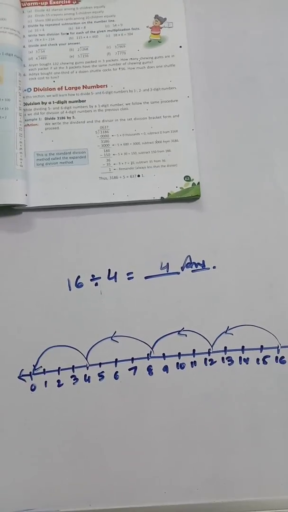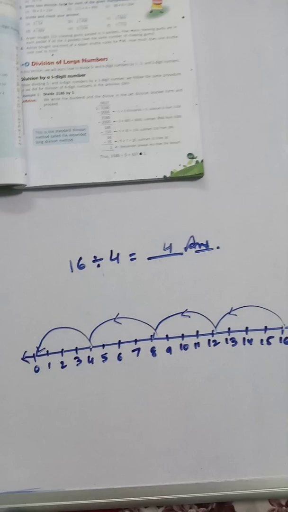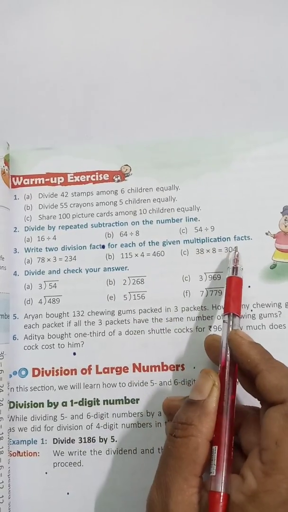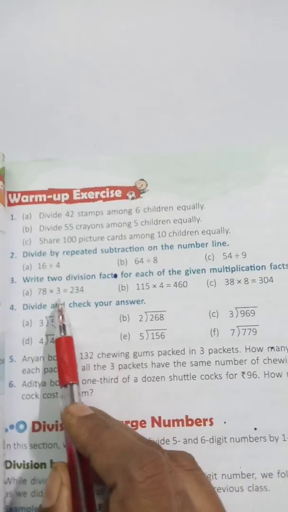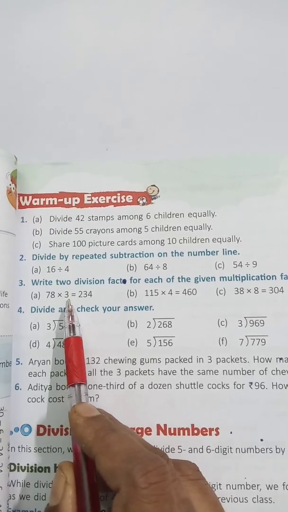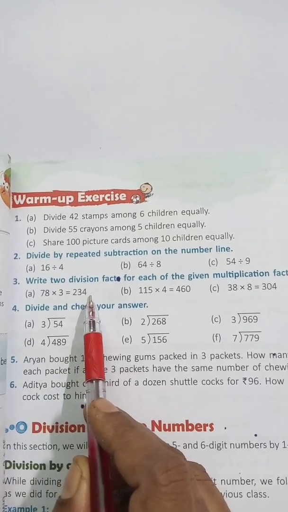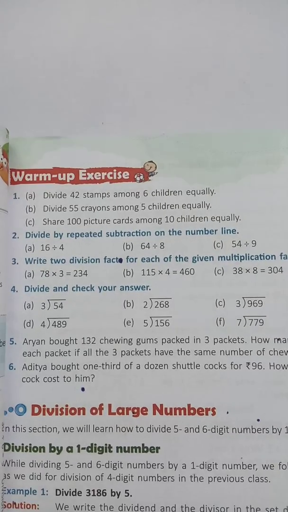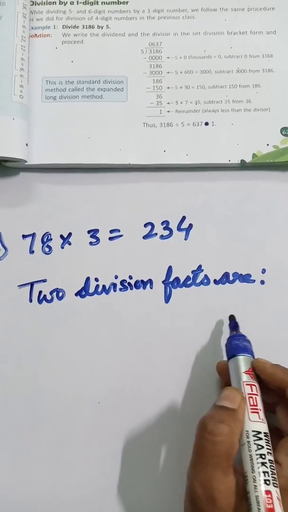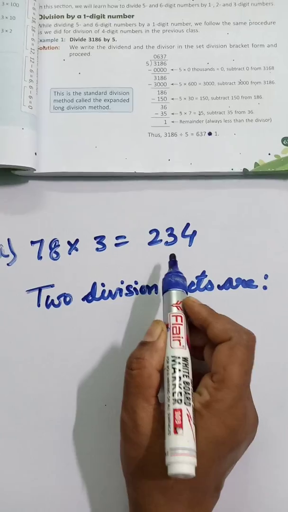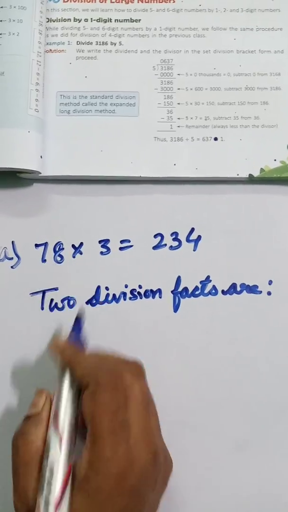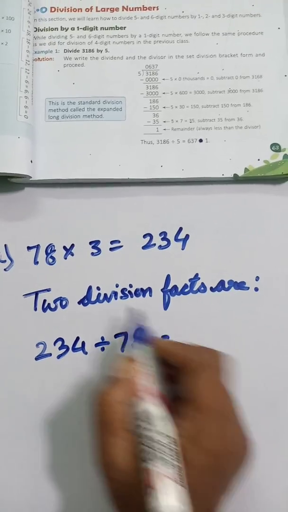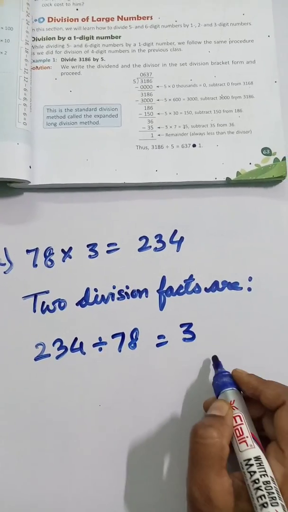Okay. Now moving to question number 3. Write 2 division facts for each of the given multiplication facts. So children, take the first question. 78 multiplied by 3 is 234. So you will write 2 division facts for it. Let's do it. First of all, you will divide 234 by 78 and you will get 3 as a quotient.